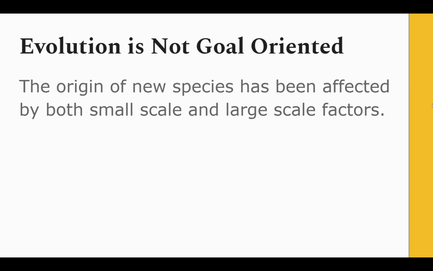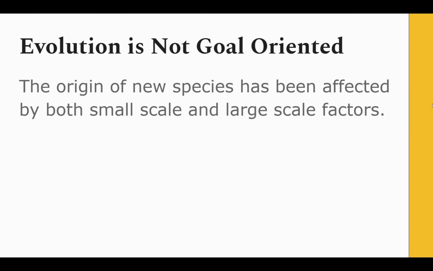So natural selection is influenced over time by small scale and large scale factors, right? Some not so good alleles can be hidden in recessive genes, right? Because natural selection only acts on phenotype. So it's not like evolution or natural selection is working towards the goal of perfection.